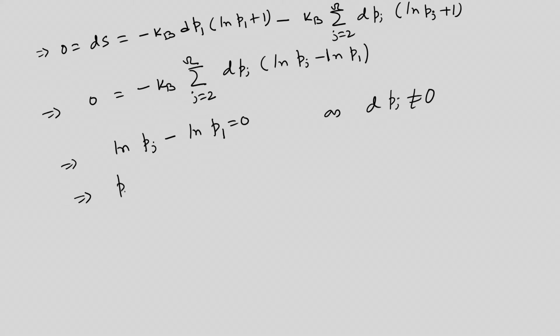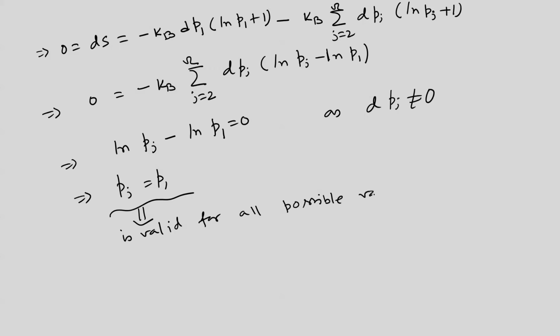So we get Pj equals P1, and this Pj equals P1 is valid for all possible values of j. Okay.